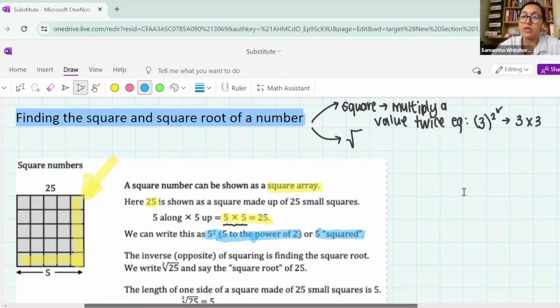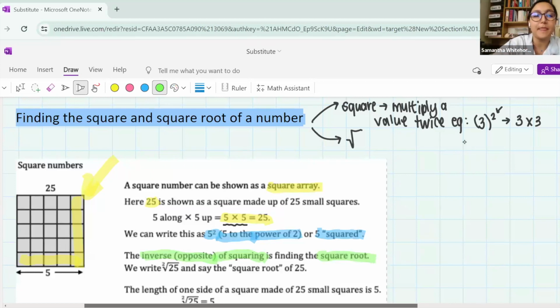The inverse, or the opposite, is when we find the square root of a value. So finding the square root is the inverse of squaring. What this is actually asking is: if I want the square root of a number, what two numbers do I multiply together in order to get that value?